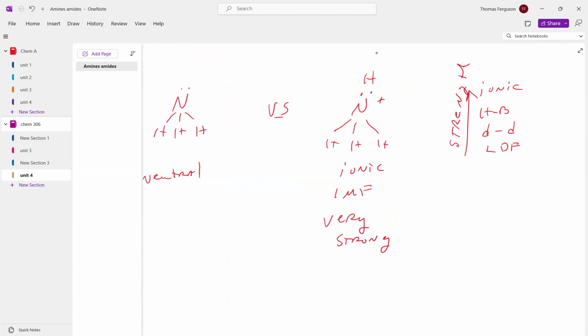So the ionic is by far the strongest. Then come hydrogen bonding, then dipole-dipole. And some of you call it permanent dipole instead of dipole-dipole. It depends on what book you're reading. And I abbreviate everything because it's really long.